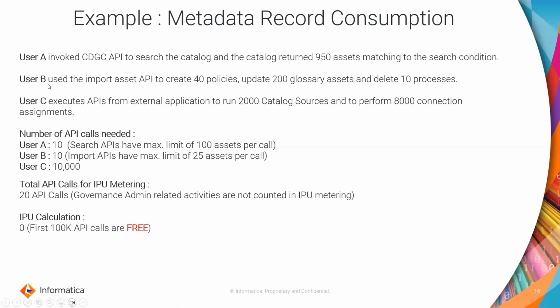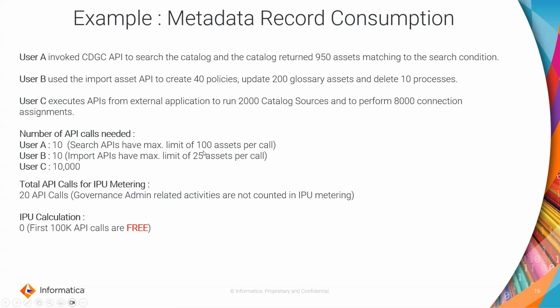User B is a data steward who wants to import assets using APIs, and created 40 policies, updated 200 glossary assets, and deleted 10 processes. User C is a governance administrator, and he executes APIs from an external application to run 2000 catalog sources and performs 8000 connection assignments.